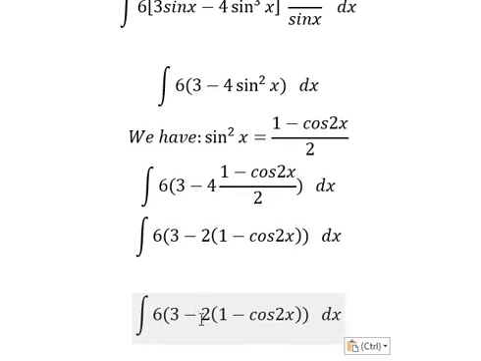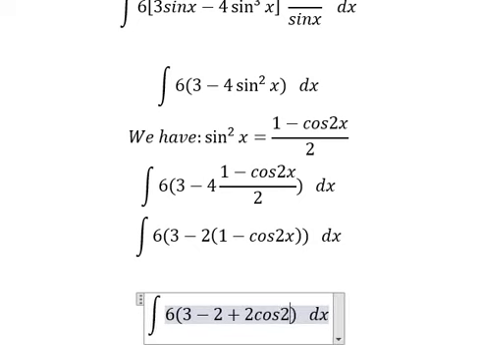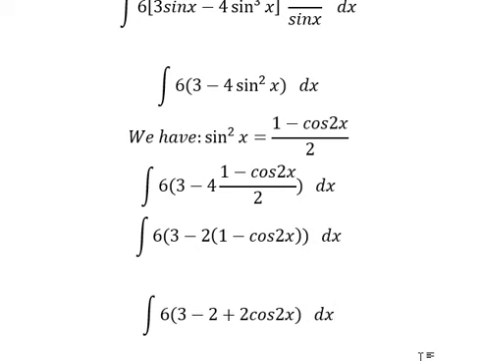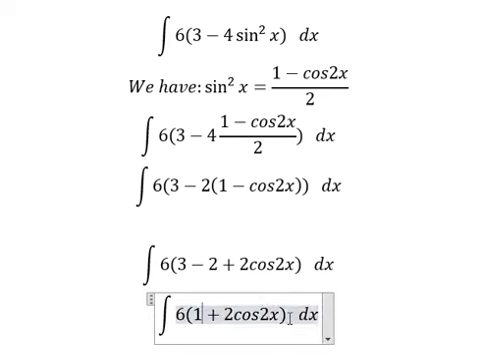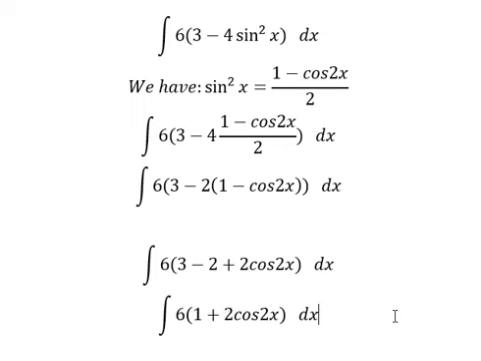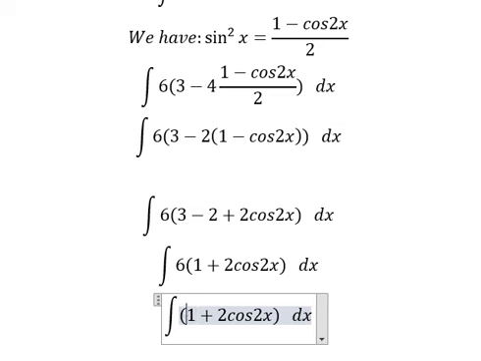So negative number 2 multiplied by this one, and we have like this. So number 3 minus number 2, we have number 1. So number 6 multiplied by this one, we have number 6 plus number 12.